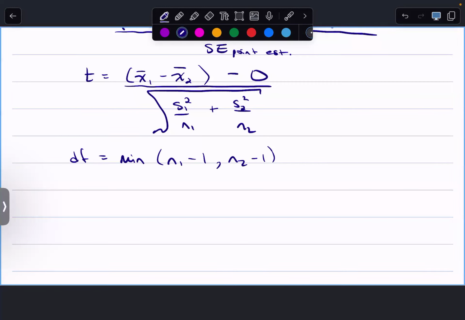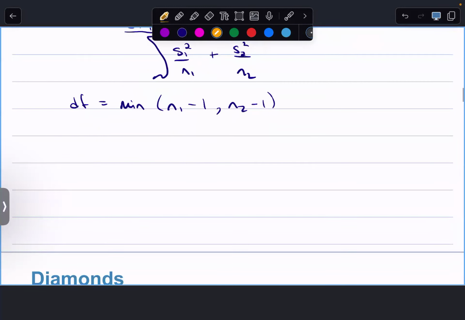This is just a mathy way of saying the smallest sample size minus 1. The minimum function, right? And then we can do our calculation. We have a sample size for group 1 minus 1 or sample size of group 2 minus 1, whatever the minimum of those two values are, then that's the result. And we'll see it in an example.